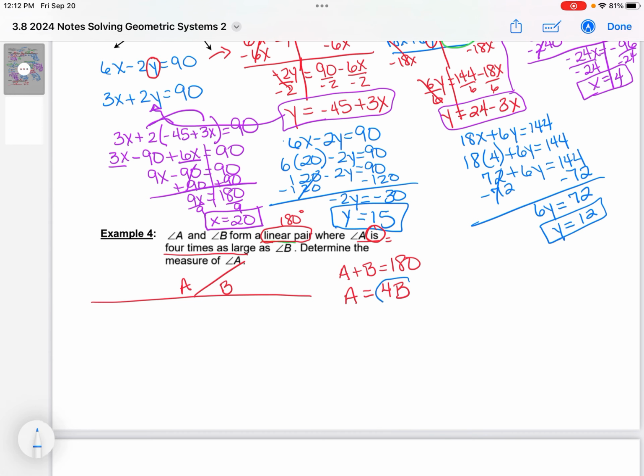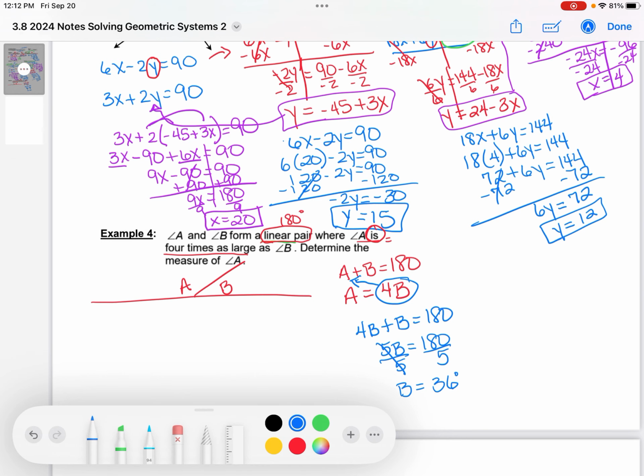All right, I'm going to take this and put it in there. This should have been the first problem. I'm going to have 4B plus B equals 180. That would be 5B equals 180. That would be, B's the small one, so B would equal 36 degrees.